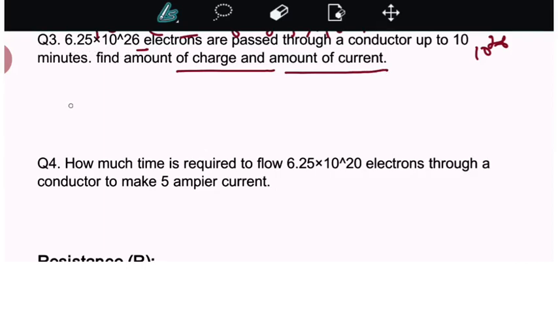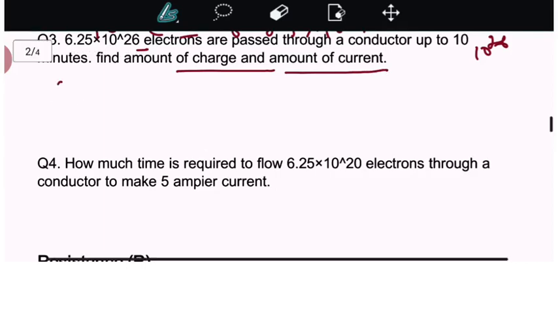How can you calculate? As you know, 6.25 into 10 to the power 18 electrons is equal to how much coulomb? 1 coulomb.